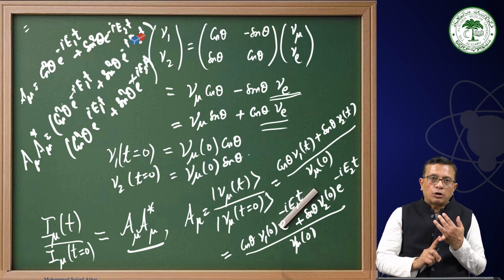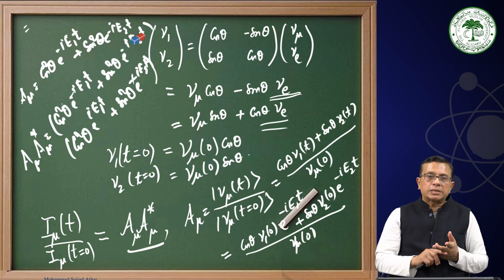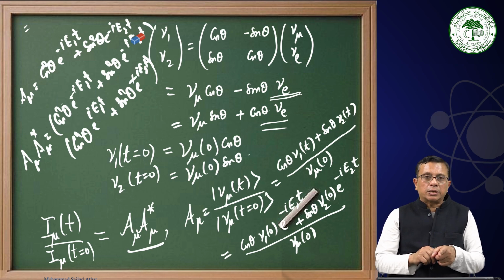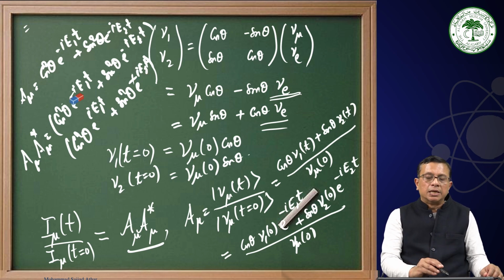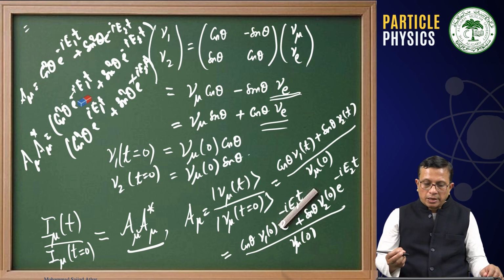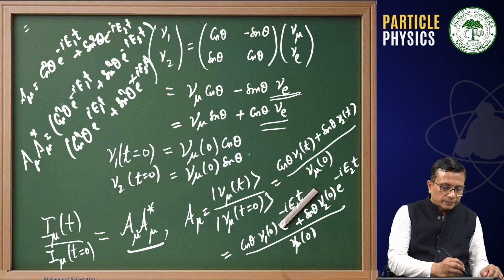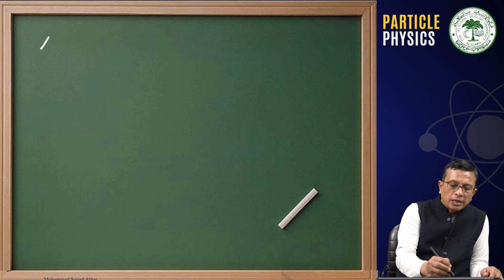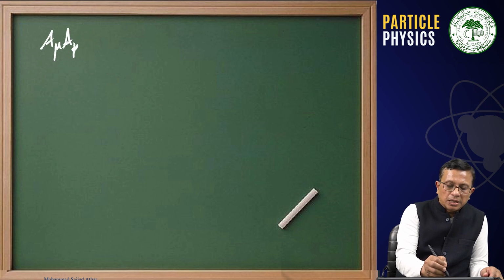Therefore, one term will be cos⁴θ, the other term will be sin⁴θ, the third term will be cos²θ sin²θ e^(iE2t) times e^(−iE1t). So, therefore, let us write them. What is your μ star?